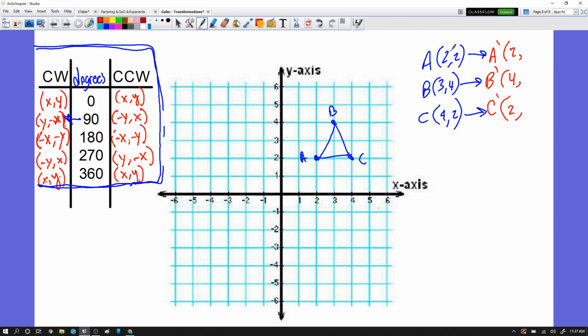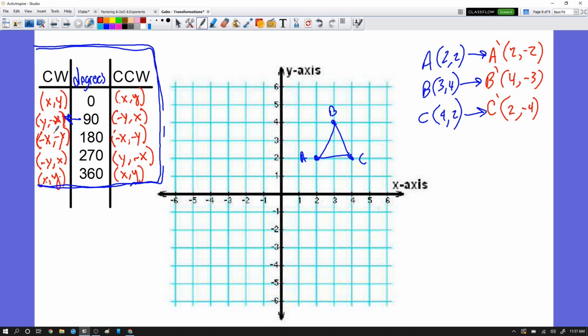X value is 2, so negative 2. 3, so negative 3. 4, negative 4. And say that you already had a negative here and you're looking for the opposite of it, it would be positive. So you're not going to have a negative stay a negative if it's telling you to do the opposite. So think of the negative marks as taking the opposite of the coordinate that you have.